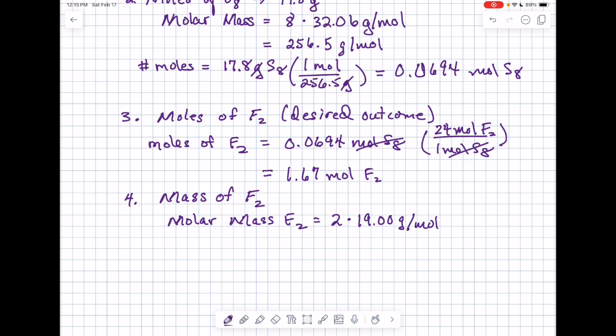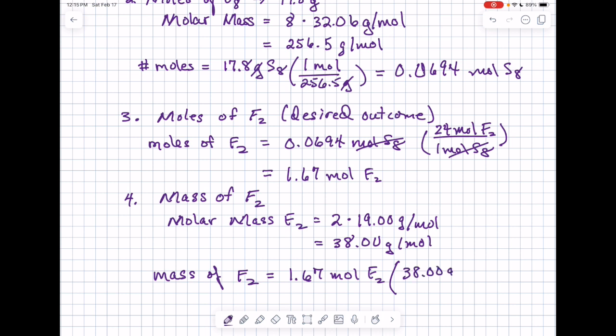So we get a molar mass of 38 grams per mole. All right, and so now we're going to calculate the mass of fluorine. And that's going to be our moles, which we calculated to be 1.67 moles of fluorine. And we're going to multiply it by our molar mass, 38.00 grams per mole.